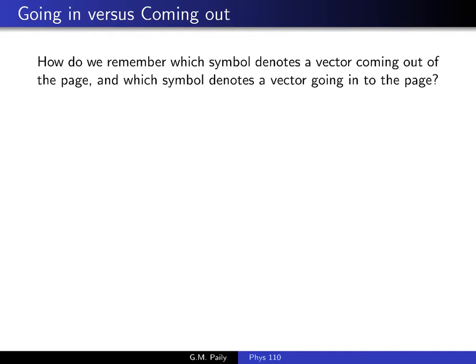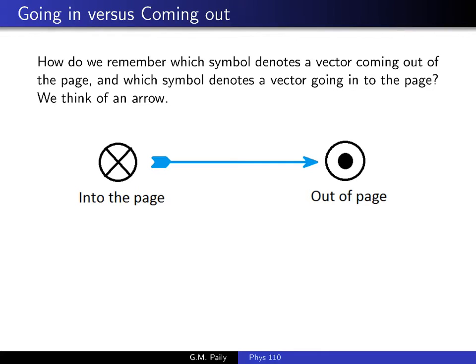How do we remember which symbol shows a vector coming out of the page and which symbol denotes a vector going into the page? We think of an arrow. When an arrow comes out of the page towards you, the first thing you see is the point of the arrow. And so a vector coming out towards you is denoted by a circle with a dot, where the dot represents the tip of the arrow.